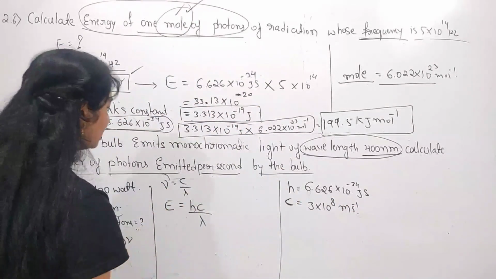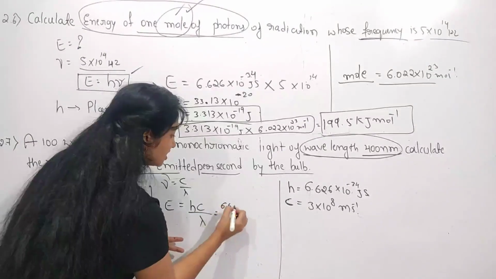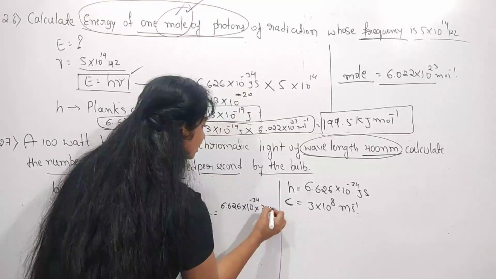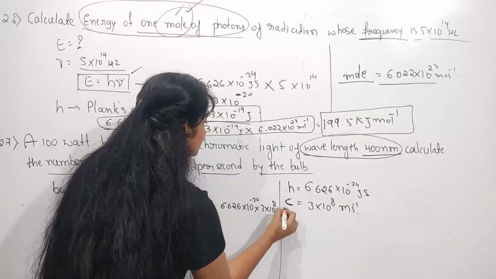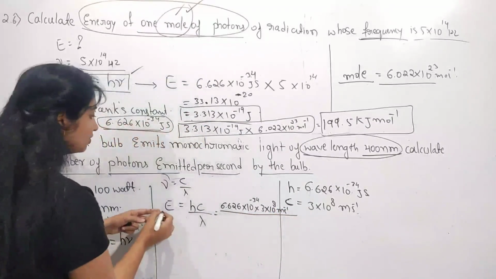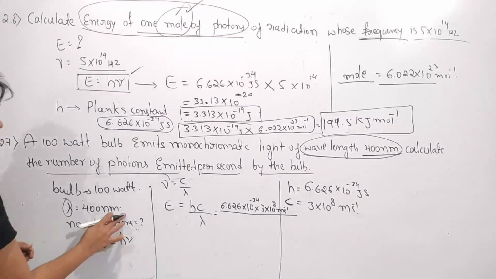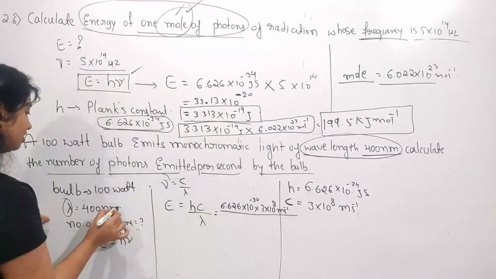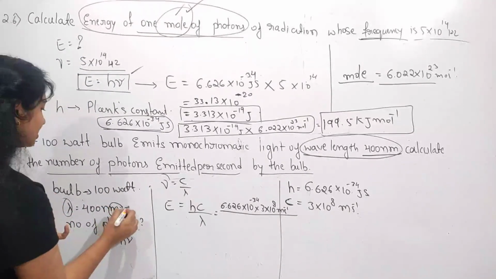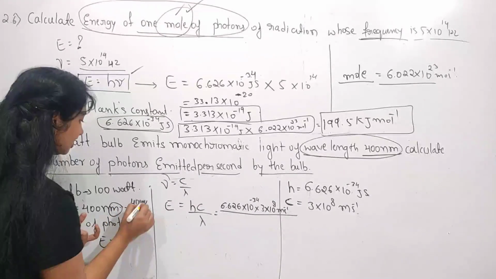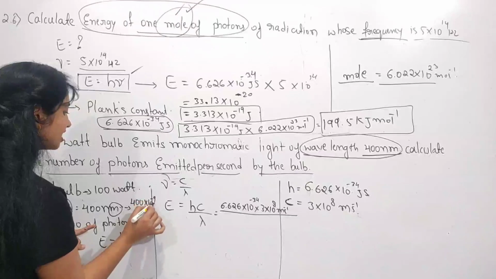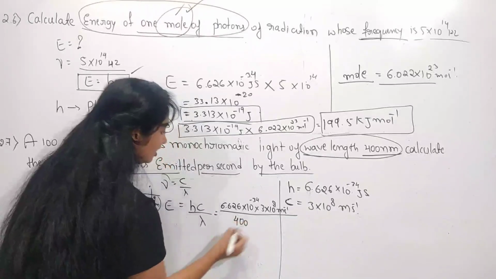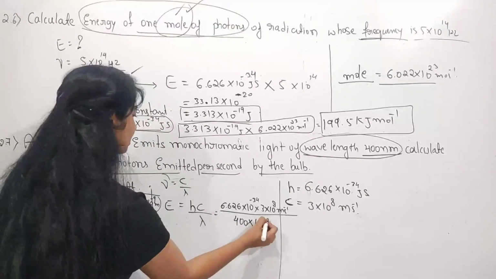Then fill the values here: E is equal to 6.626 into 10 raised to minus 34 into 3 into 10 raised to 8 meter per second, divided by lambda. They gave lambda as 400 nanometer, but the SI unit is meter. So I write 400 into nano, meaning 10 raised to minus 9 meter, so I put 400 into 10 raised to minus 9 meter here.